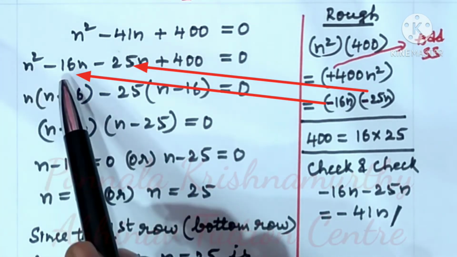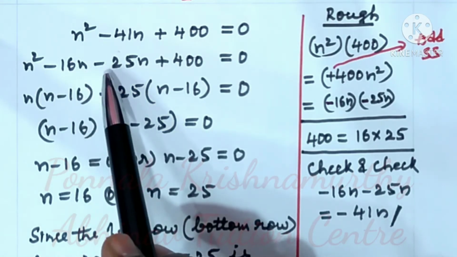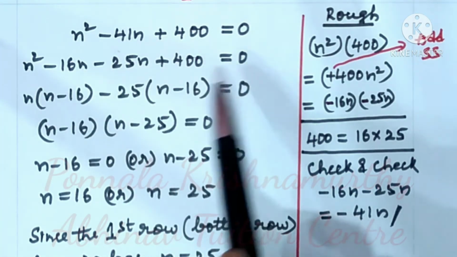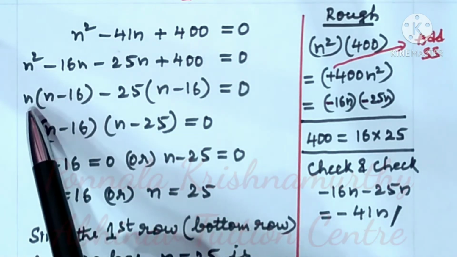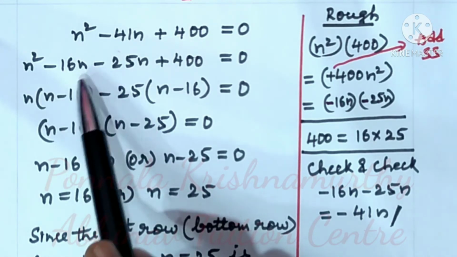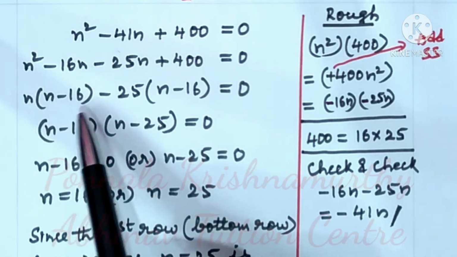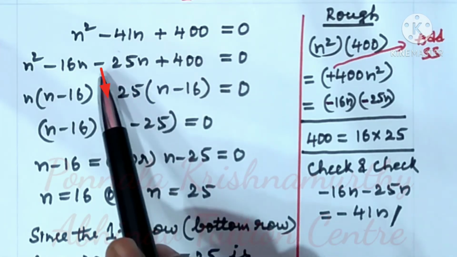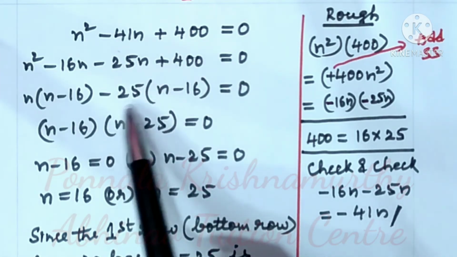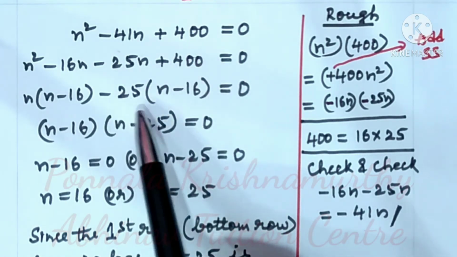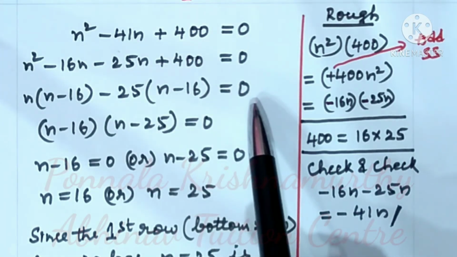Therefore, n square minus 16n minus 25n plus 400 is equal to 0. From these two, n is common: n square by n is n, minus 16n by n is minus 16. Here minus 25 is common: minus 25n by minus 25 is n, plus 400 by minus 25 is minus 16, equal to 0.